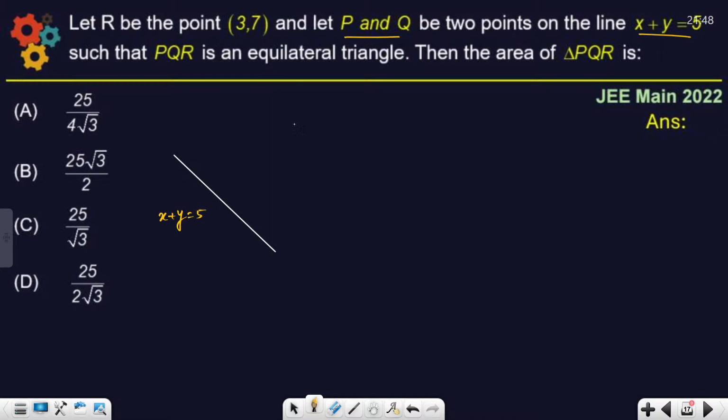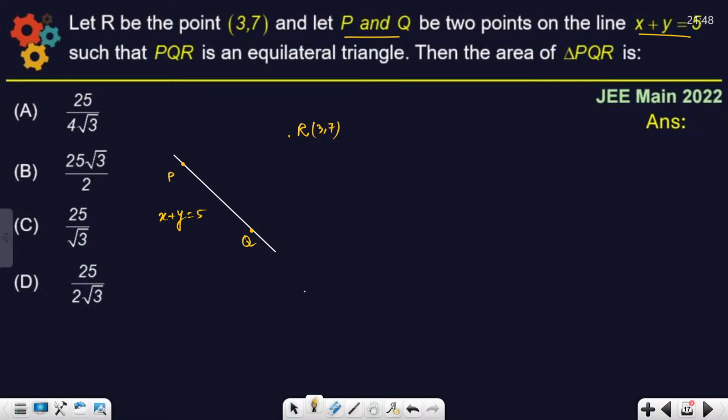R is a point (3, 7), somewhere here. And P and Q are 2 points on this line. This is P and this is Q.